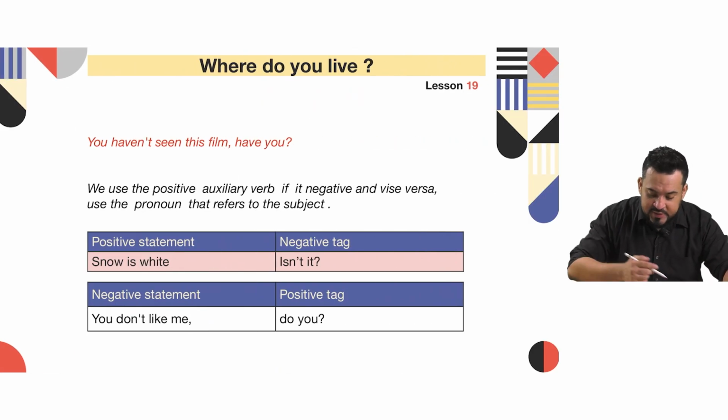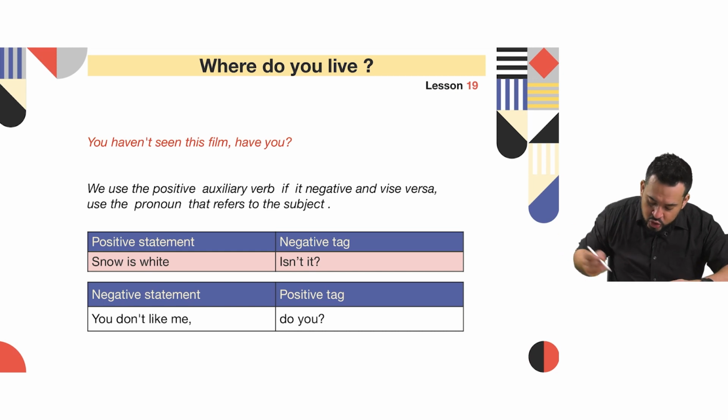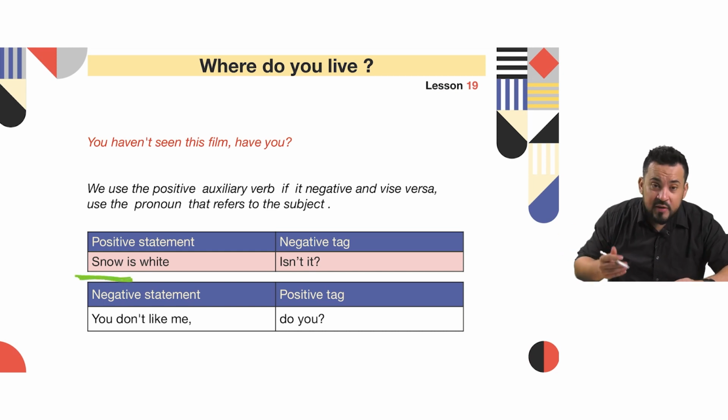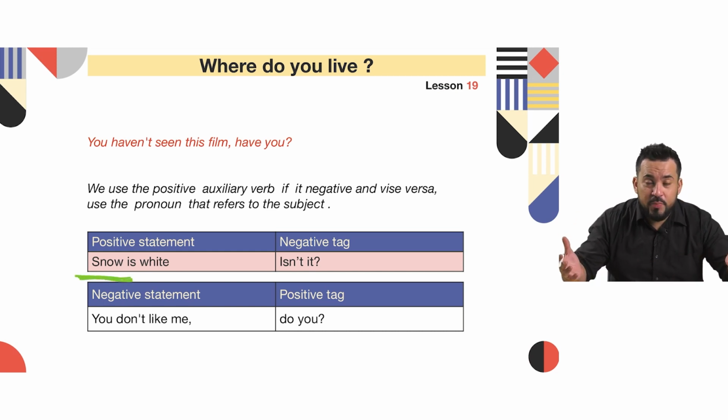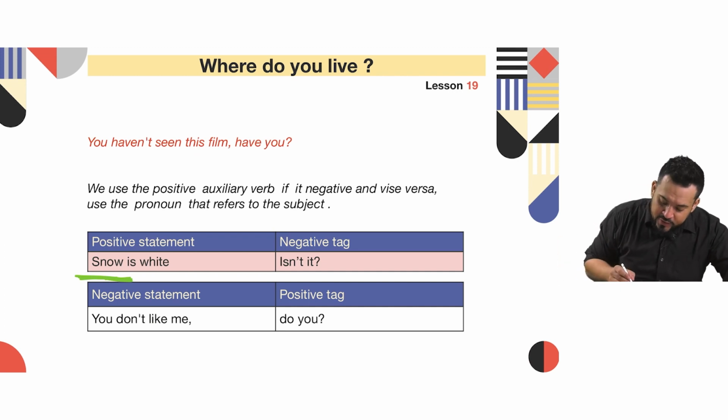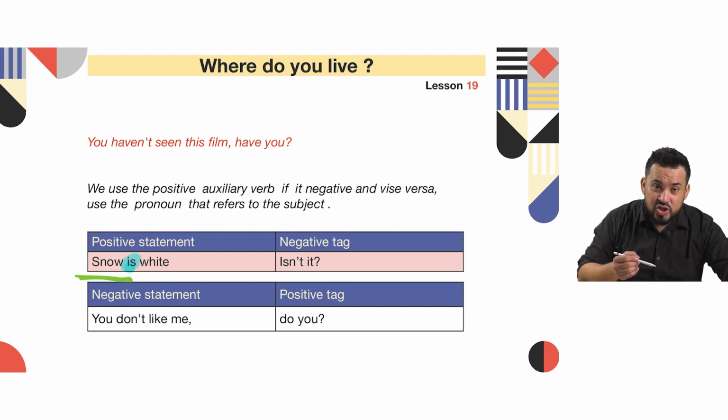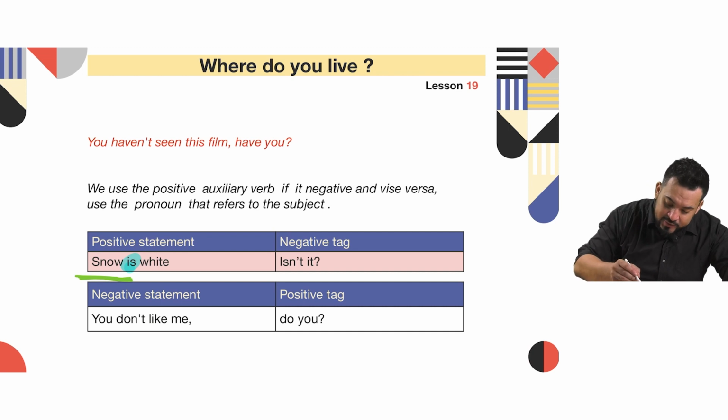Okay, let's take a look. Snow is white, isn't it? Now, if we replace snow with a pronoun, it will be it, right? Because snow is a non-living thing. And the auxiliary here, or the helping verb, is is. So when we make a question tag, we use that auxiliary, but we make it the opposite.